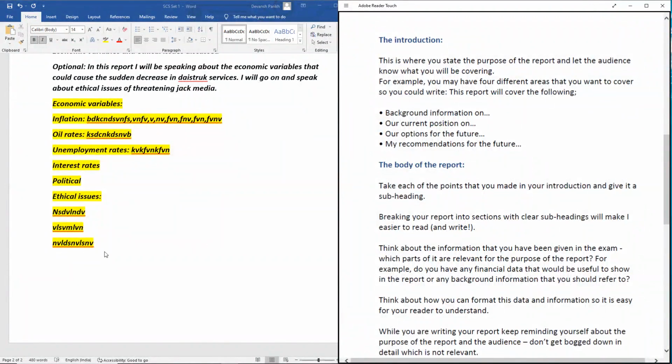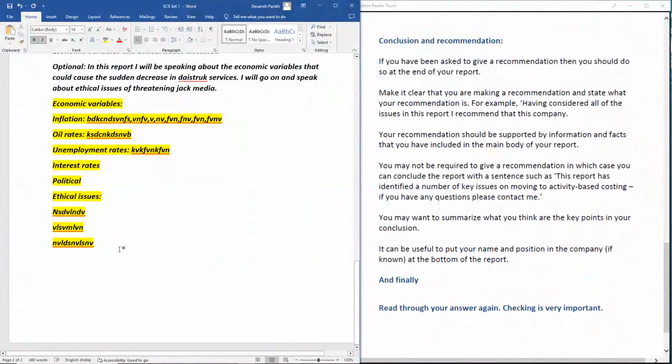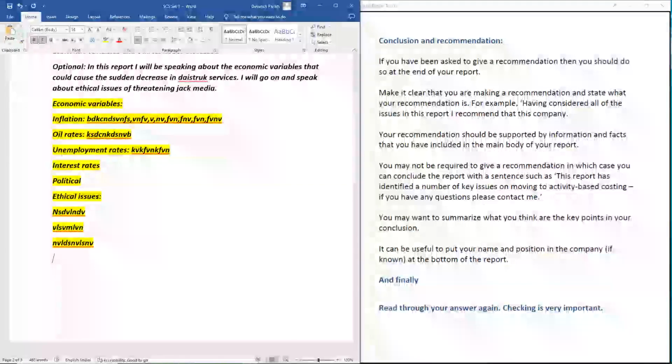This is step number 5. Now, step number 6. Step number 6 is conclusion or recommendation, whatever you want to call it. As a senior finance manager, a lot of importance is placed on your conclusion, your recommendation.